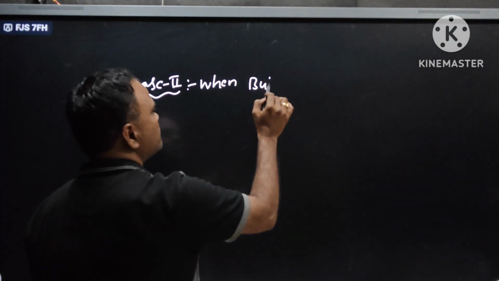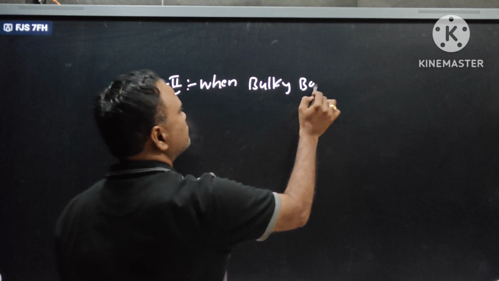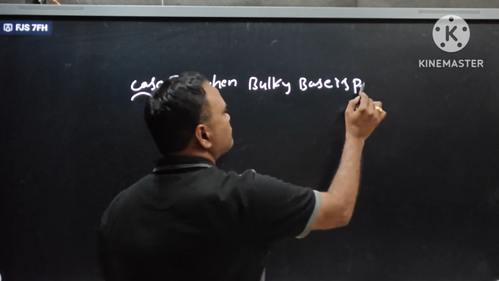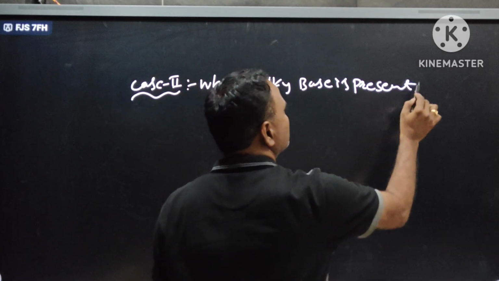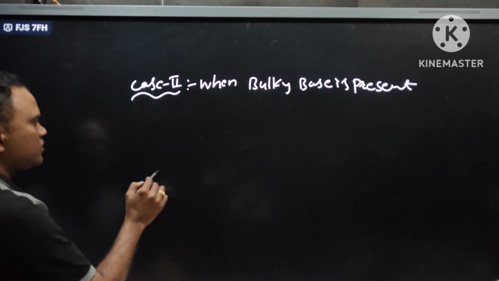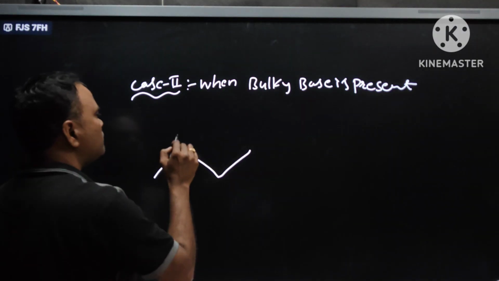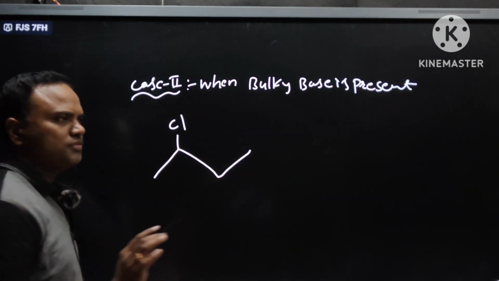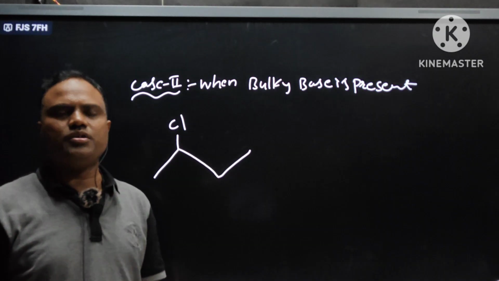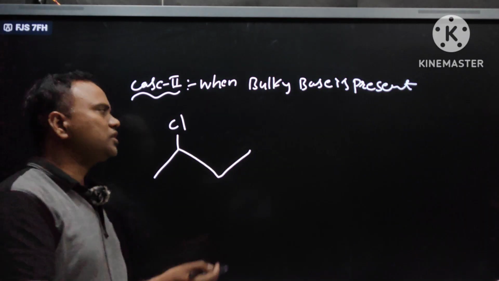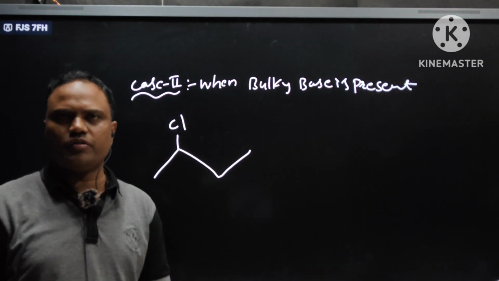When a bulky base is present, see, here we do not take poor or weak leaving group into account. We are not deciding the type of product on the basis of poor leaving group or weak leaving group.